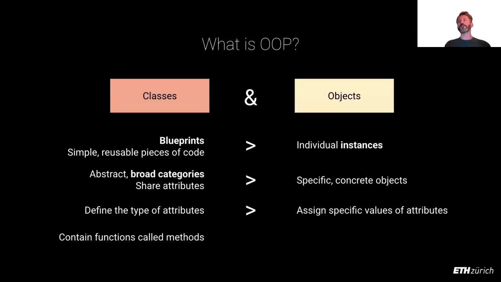So what is object-oriented programming again? There's two main terms that we need to remember. One is that of classes, and the other one is objects. So a class is a blueprint of an object.